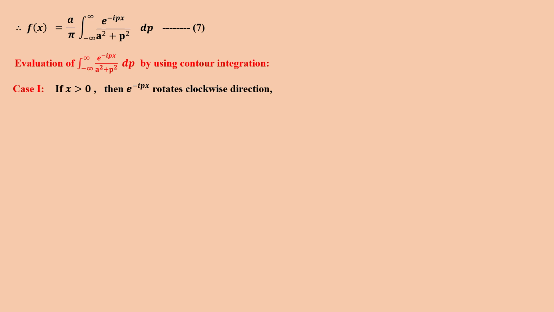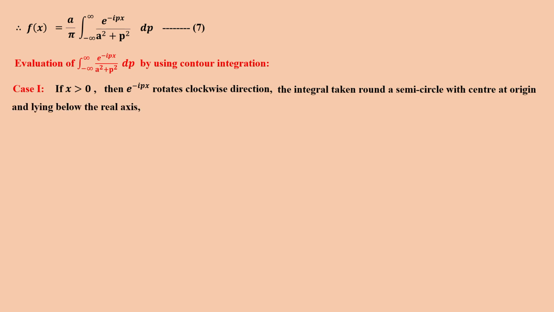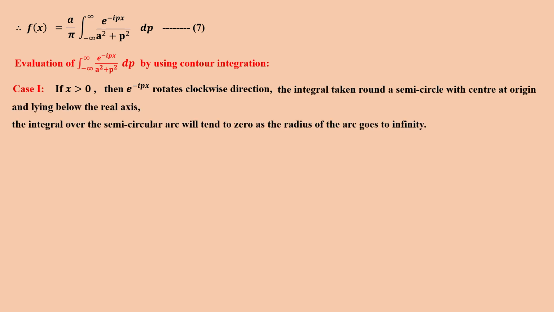The integral is taken round a semicircle with center at origin and lying below the real axis. So the integral over the semicircular arc tends to 0 as the radius of the arc goes to infinity. This is from Jordan's lemma, right?